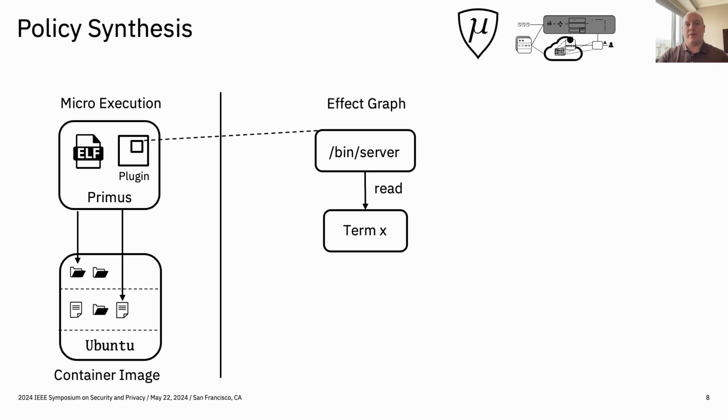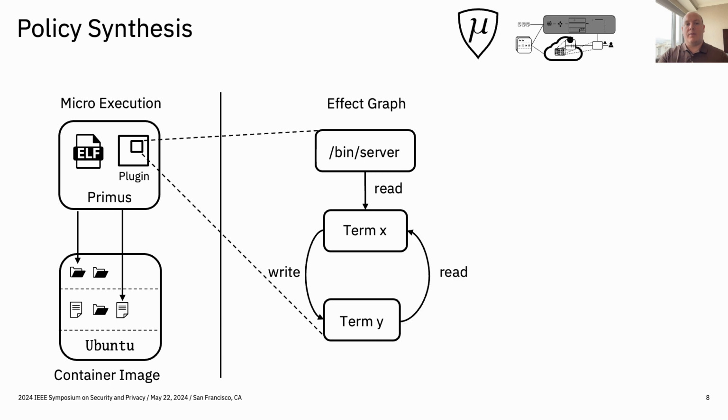As microexecution occurs and the program issues system calls, we will encounter terms within the control flow graph that issue system calls. First, a read, and then at another term later on, a write system call, and then, because this is happening in a loop, we will read again from the original term. If these are the only effects that the individual server incur, we will have now a nice concise representation at these two alternatingly executed terms for the program's effects.